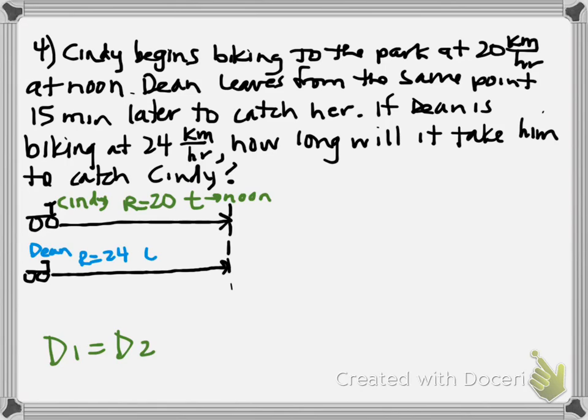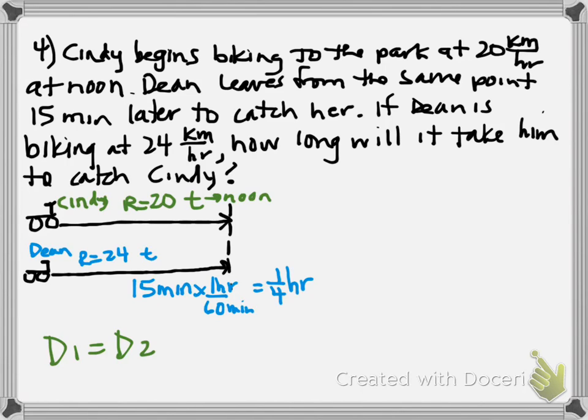And his time is 15 minutes later. So we have the same issue we had in the other problem, that 15 minutes can't compete with a label that's supposed to be hours. So we're going to convert it to hours, and we get 1/4 of an hour.